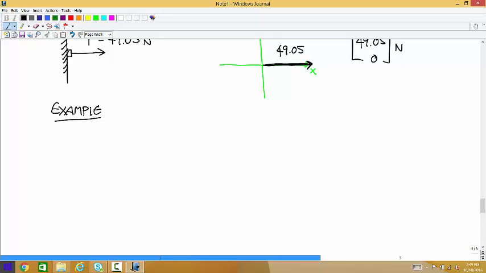So here's one I'd like you to think about for a second. See if you can work through this together. So now we have an elevator, and it has an upward acceleration of 1 meter per second squared.